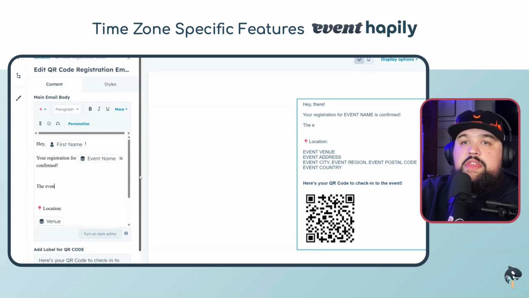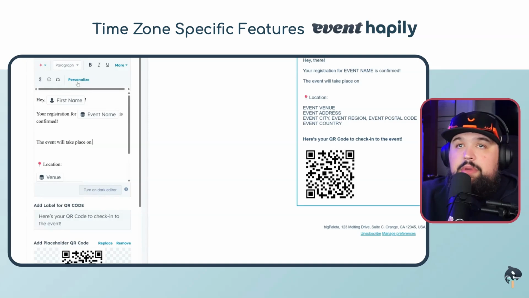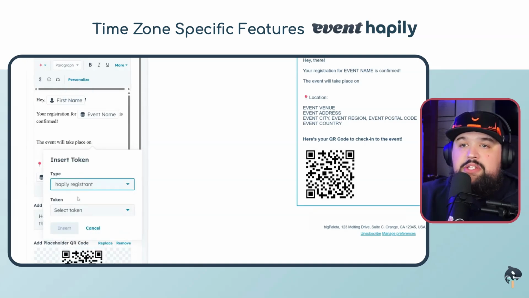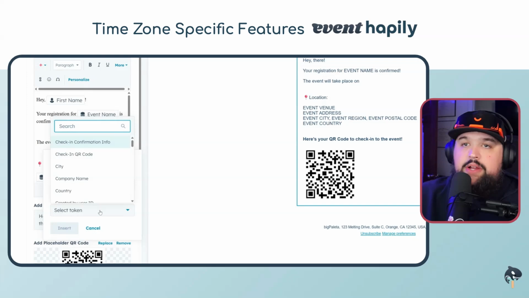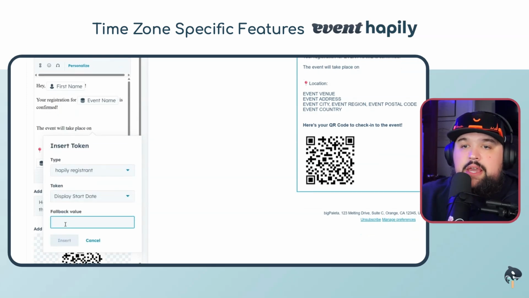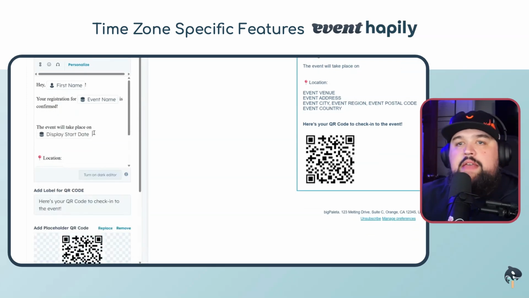I'm going to say the event will take place on, and then I'm going to do personalize. I'm going to search for a registrant based token because we push all this to the registrant record. And I'm going to choose display start date. And then for a fallback value, we'll say the event will take place on start date.